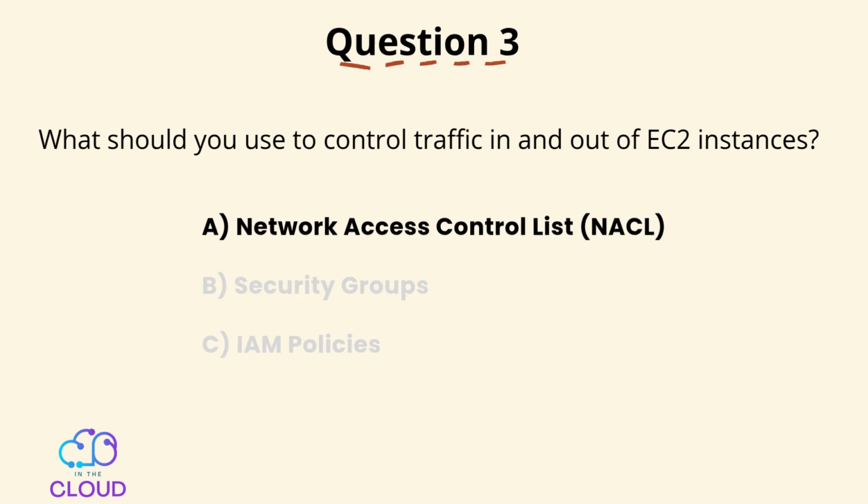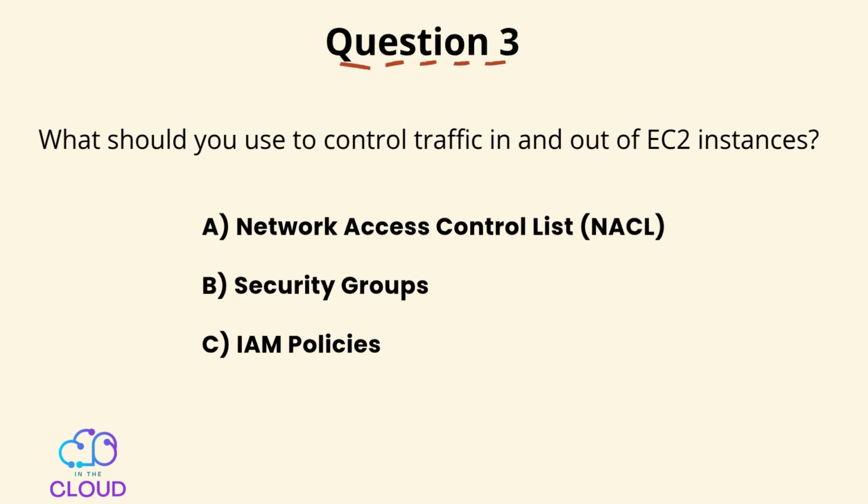A. Network access control list. They are like firewalls which control traffic from and to subnets. We have one network access control list per subnet. B. Security groups. They operate at the EC2 instance level and can control traffic.